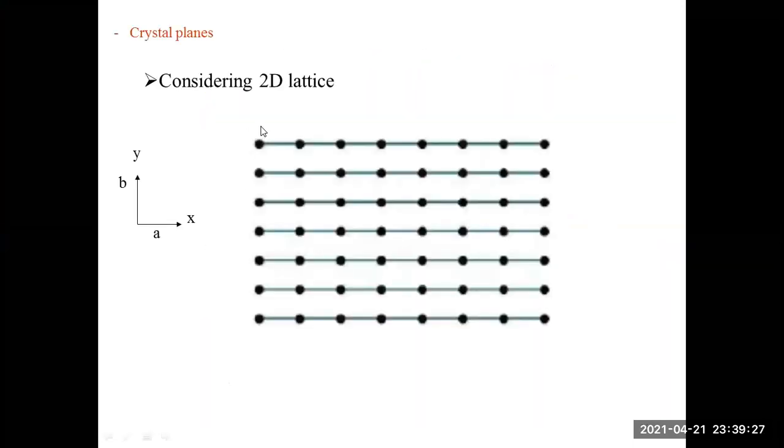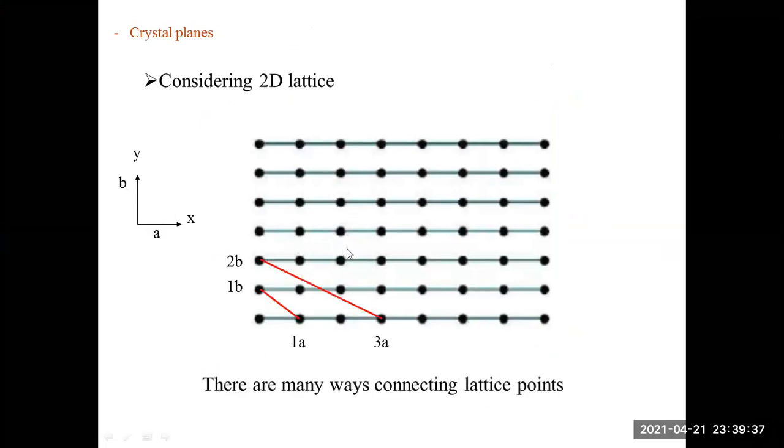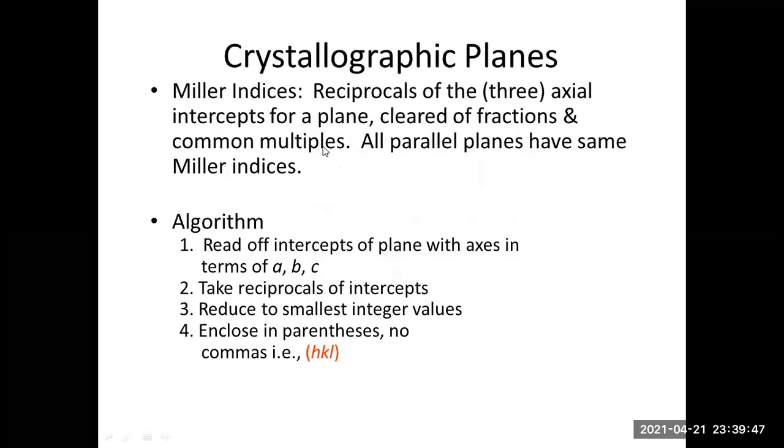See, considering the 2D lattice, two-dimensional x-axis, y-axis, having the dimensions a and b. See, there are many ways of connecting these lattice points. See, the distance is given by 1b, 2b, right? If you just choose an origin, you can have the negative intercept also. So like this, now we'll move to the Miller indices.